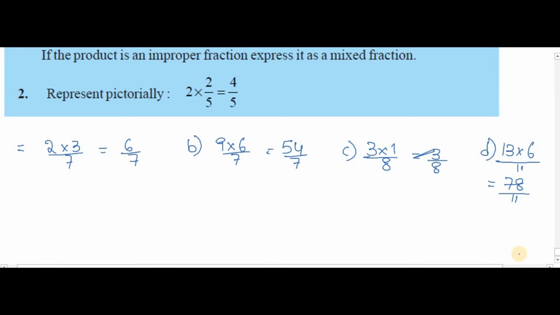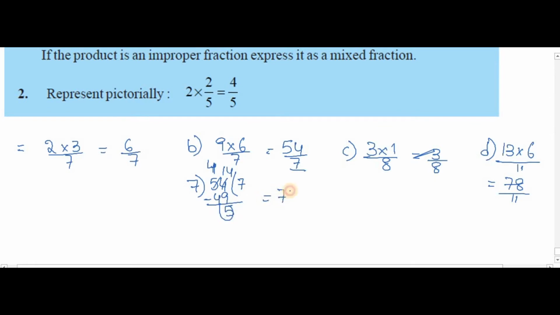If the product is an improper fraction, express it as a mixed fraction. Okay, so here 54 by 7 is an improper fraction. What is an improper fraction? If the numerator is greater than the denominator. So we have to convert this into a mixed fraction. 7 7s are 49, because 7 8s are 56. Now 14 minus 9 is 5.